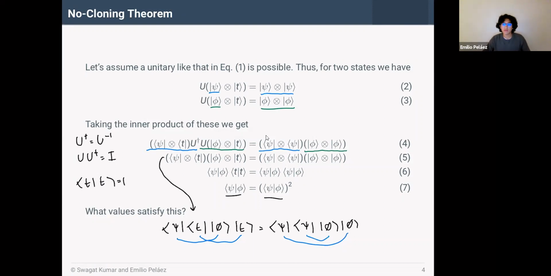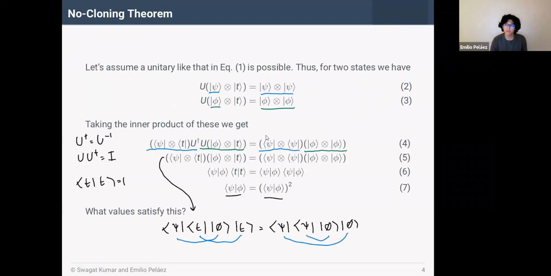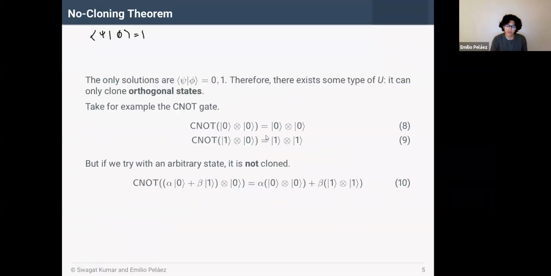And the only values that are able to satisfy this condition are 0 or 1. So let's see what this means. So if the inner product is equal to 1, as I said in the previous slide, with how we got rid of the inner product of t with itself, this just means that the state psi and phi are the same.